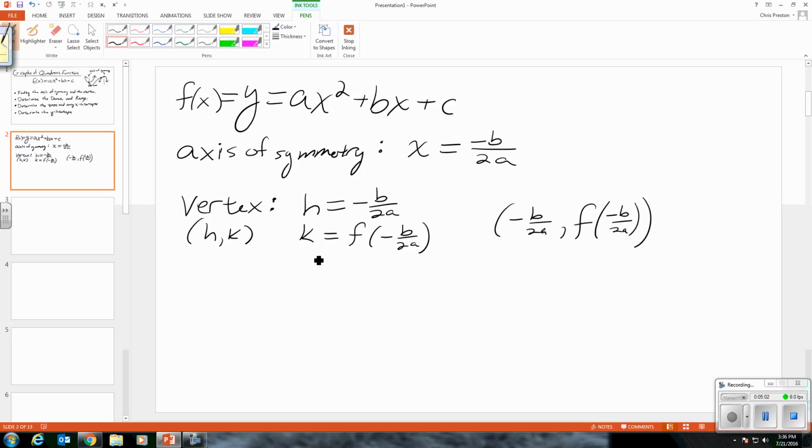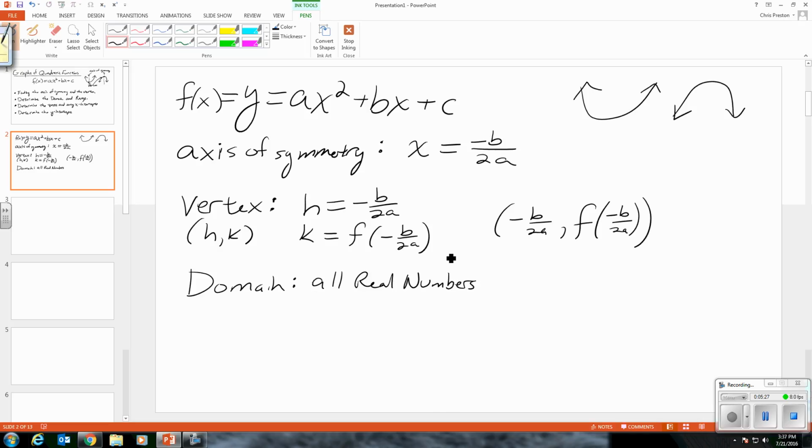Now, that's going to relate to the domain and range. For the domain, all quadratic graphs look something like this. Without some specific limitation already described for the domain, the domain is going to be all real numbers for all quadratic equations.